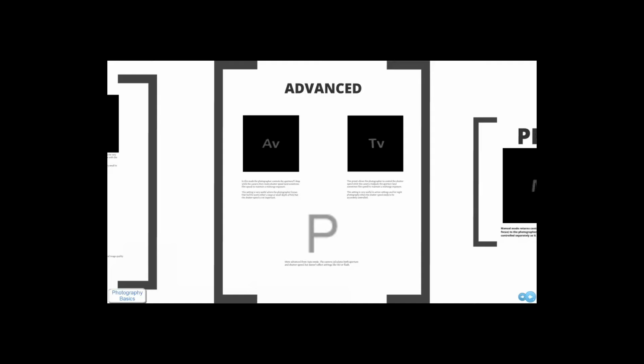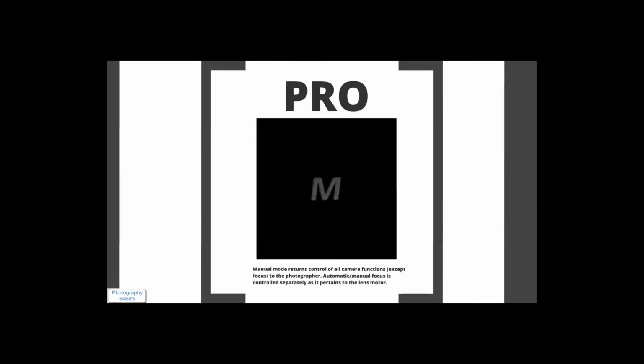Whereas the TV mode is very useful in action settings and for night photography, when the shutter speed needs to be accurately controlled. Next is the P or program mode, a more advanced form of auto mode. The camera calculates the aperture and shutter speed but doesn't affect any settings like ISO or flash. These are all the modes available in the advanced category.